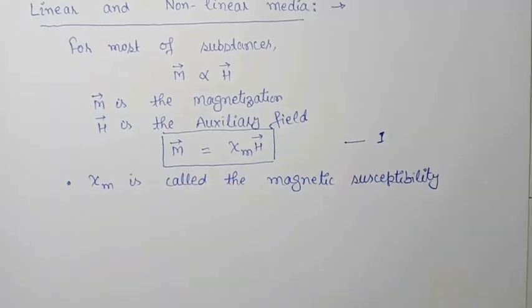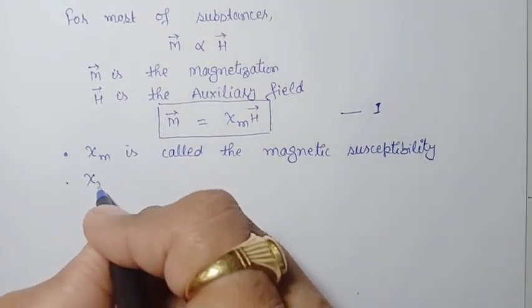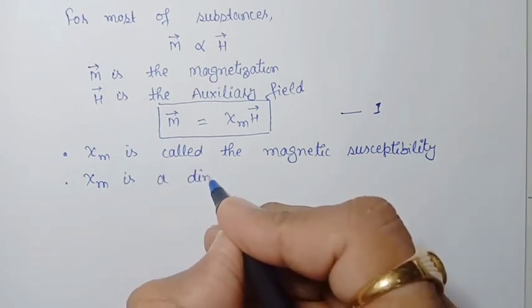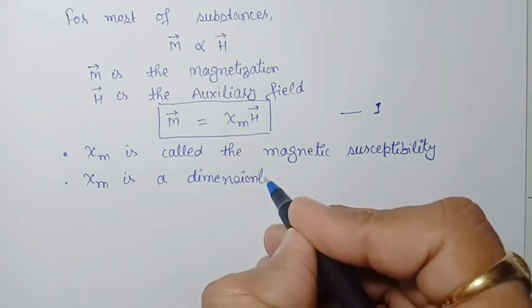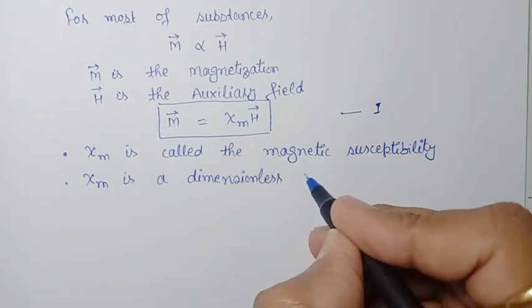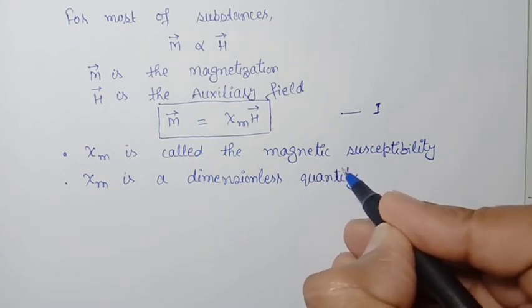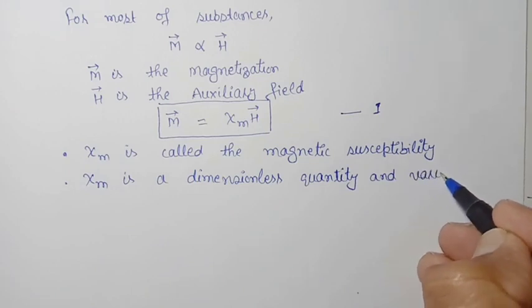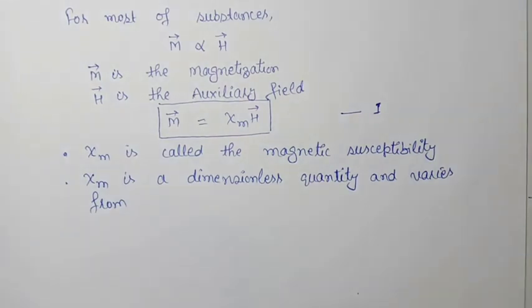This magnetic susceptibility is a dimensionless quantity and varies from material to material.